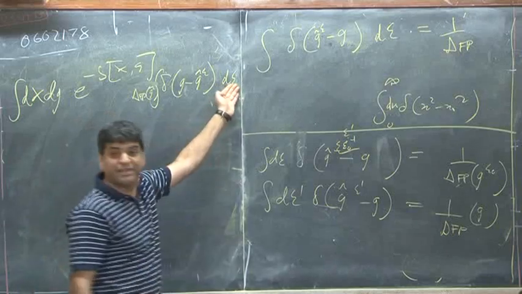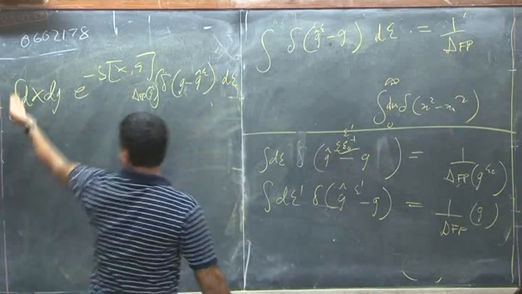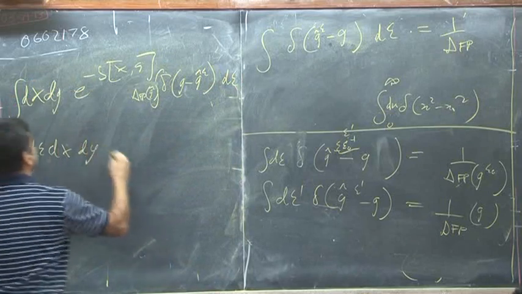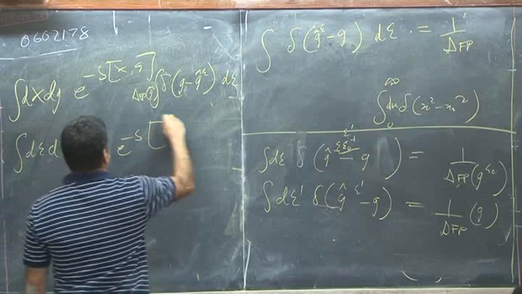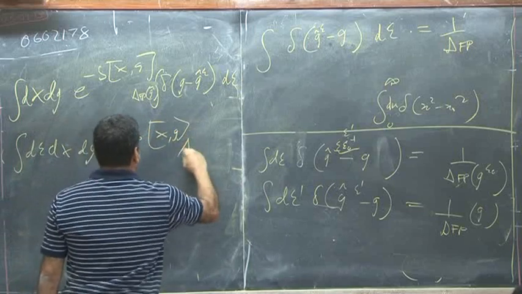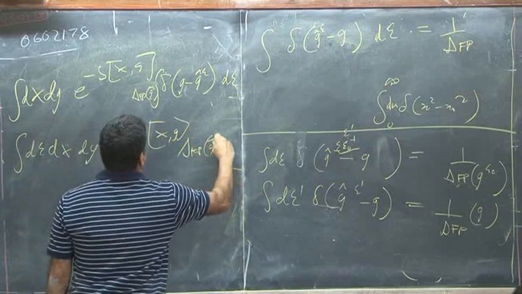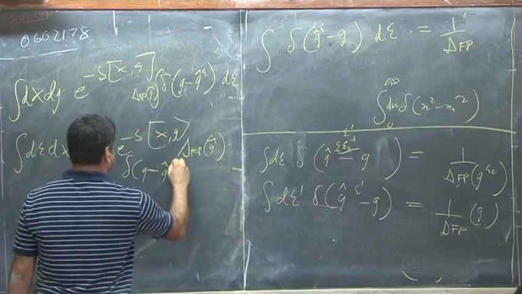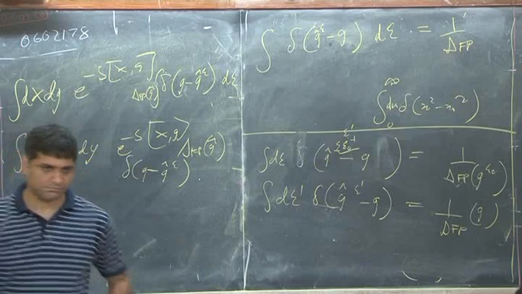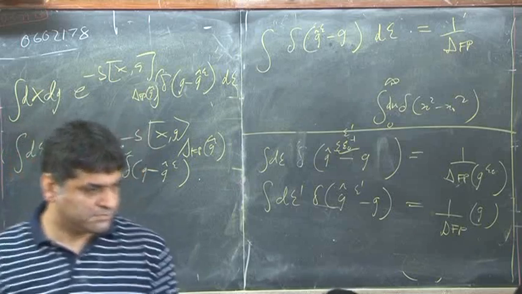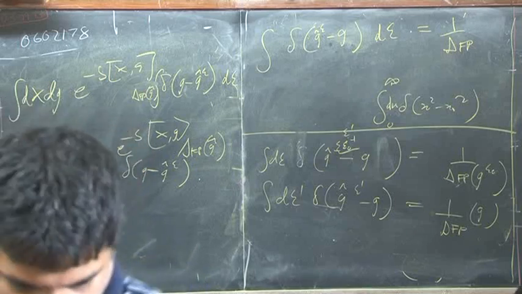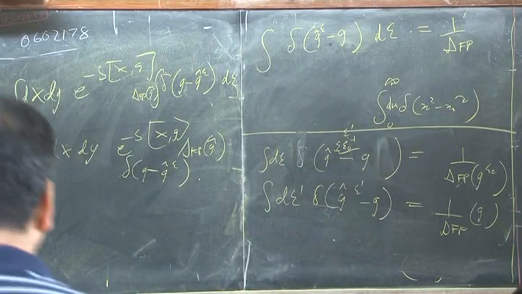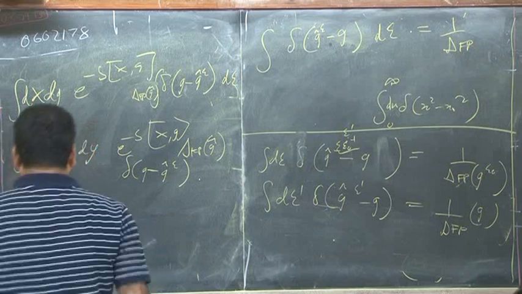Now, I interchange orders of integration. I take this d zeta out here, e to the power minus S of x, g, delta FP of g hat, delta of g minus g hat at zeta. So now we've got something beautiful.